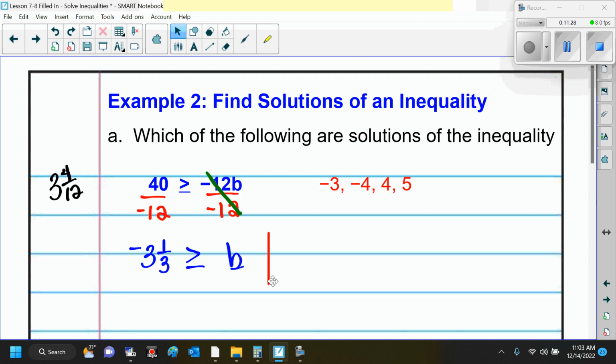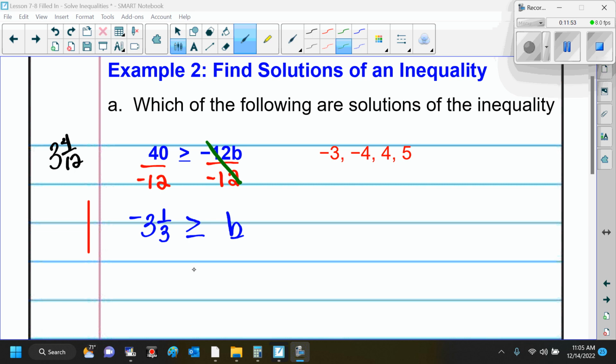So when you are reading an inequality, you read the variable first. So we're reading this backwards. You see how my red stick is going? You're going to read it backwards. So this says, follow the stick, b is less than or equal to negative 3 and 1/3.